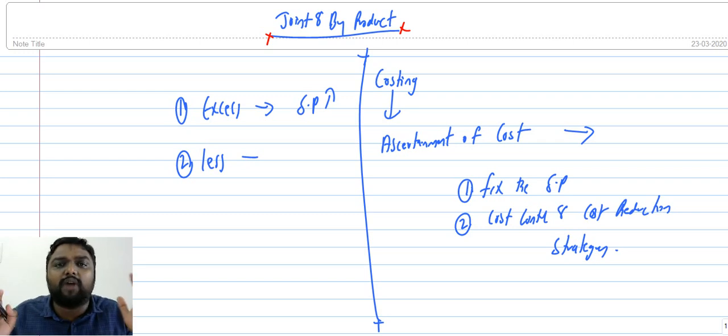So we have to ascertain the cost exactly, that is, properly. So how to do it when products are manufactured jointly? This is discussed under joint product and byproduct.